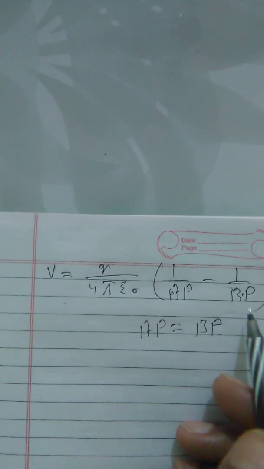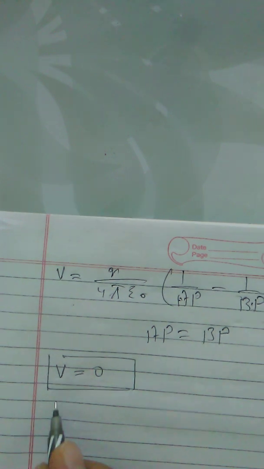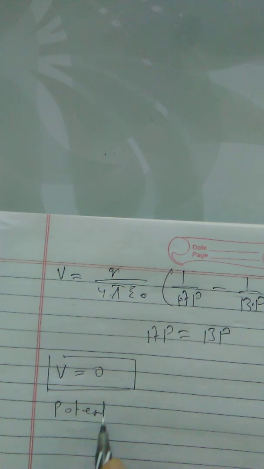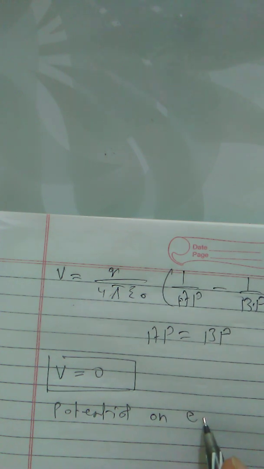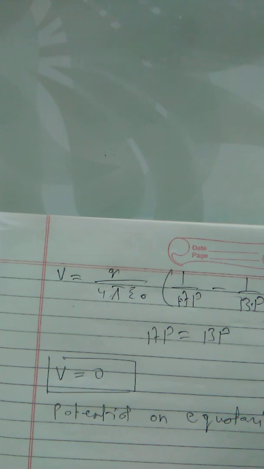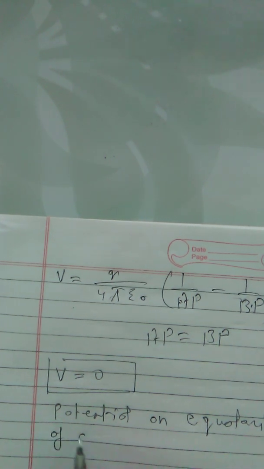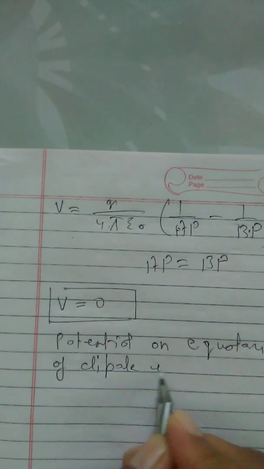When this value is multiplied with this, V will be equal to 0. So we can say that the potential on the equatorial line of a dipole is 0.